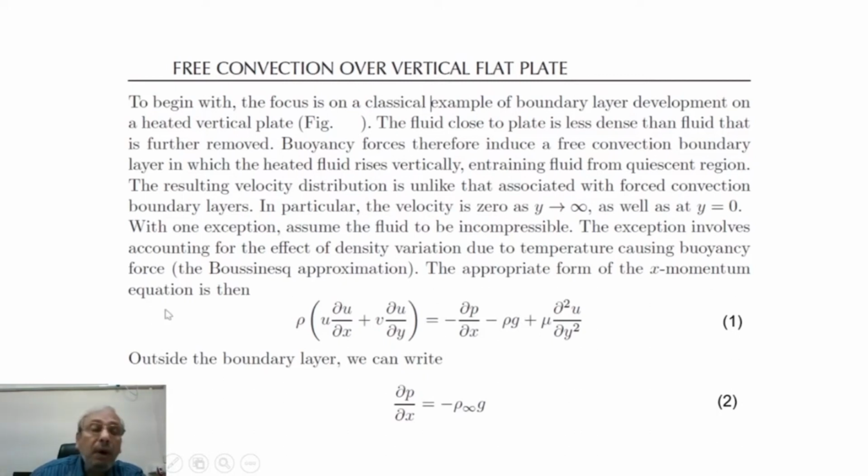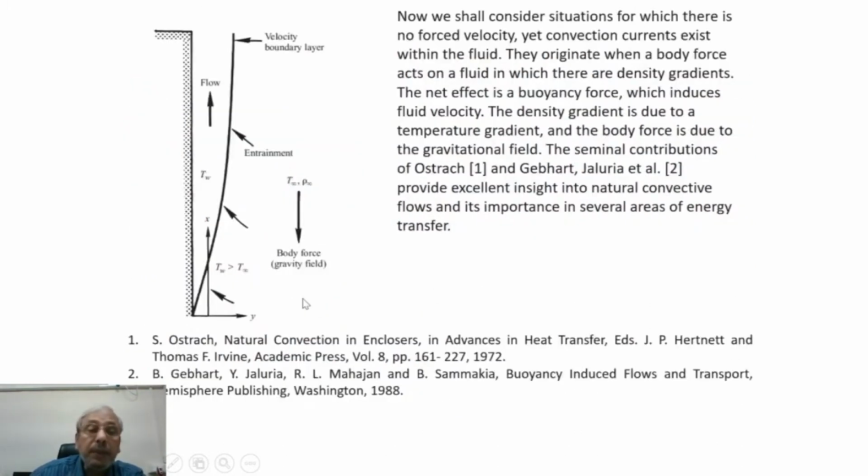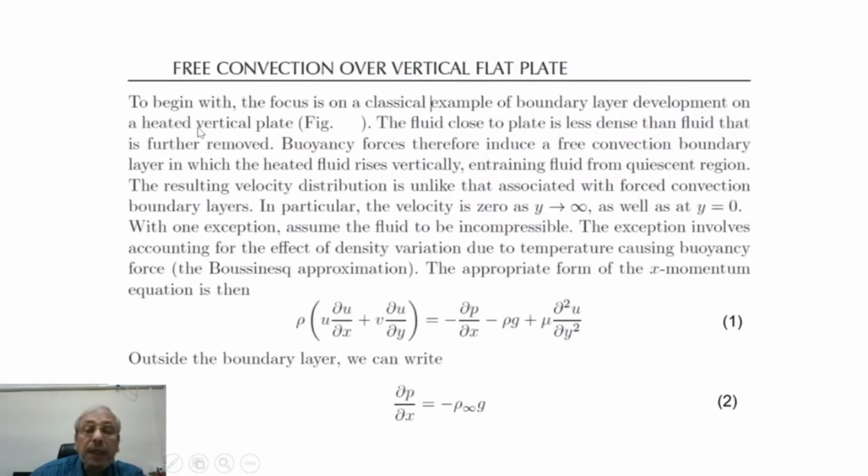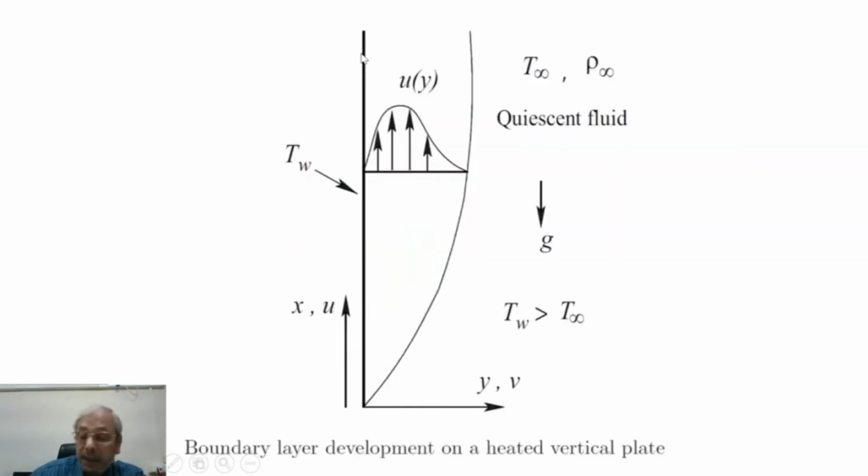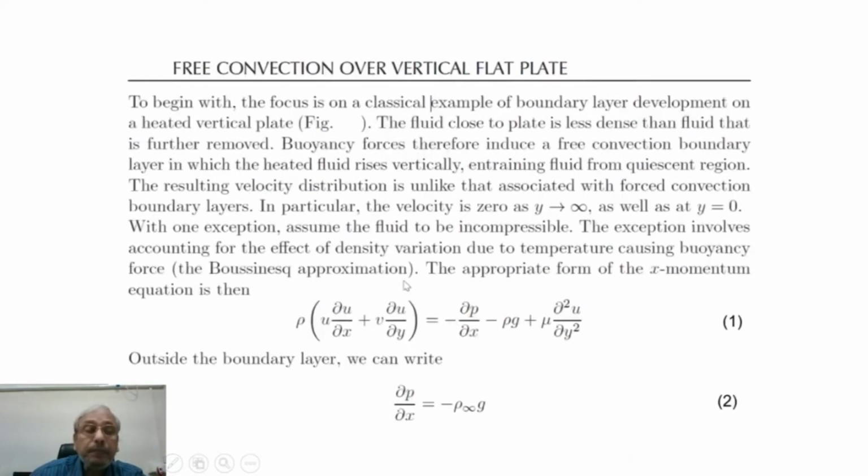The appropriate form of the x momentum equation in the flow direction, which is basically buoyancy driven, is: rho times u del u del x plus v del u del y equals minus del p del x minus rho g plus mu del 2u del y2. And outside the boundary layer, we can write del p del x equals minus rho infinity g.